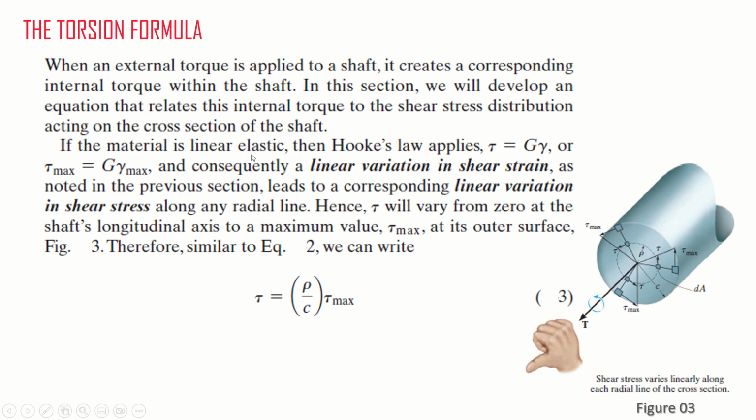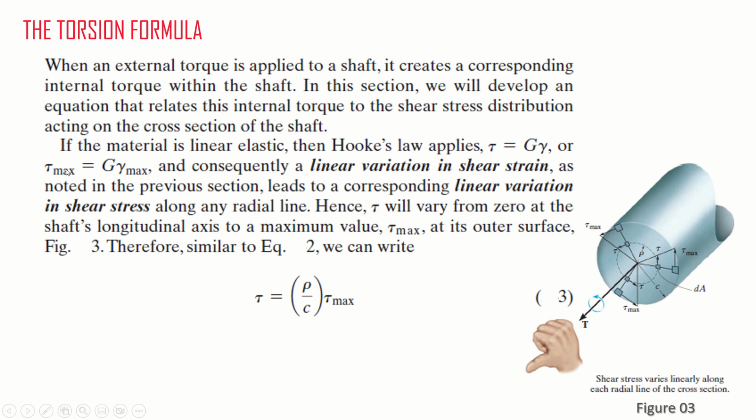If the material is linear elastic, then Hooke's law applies, right? And we know from the shear stress equation that τ is equal to G into shear strain, or τ maximum is equal to G into maximum shear strain. Consequently, a linear variation in shear strain, as noted in the previous section, leads to a corresponding linear variation in the shear stress.